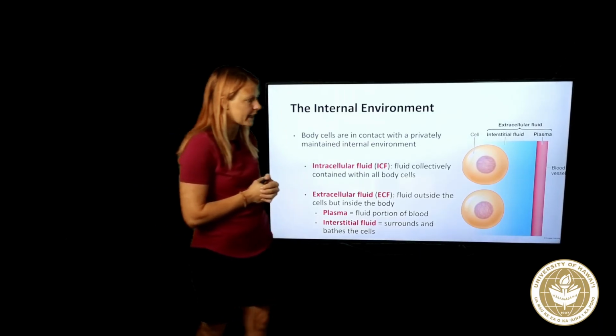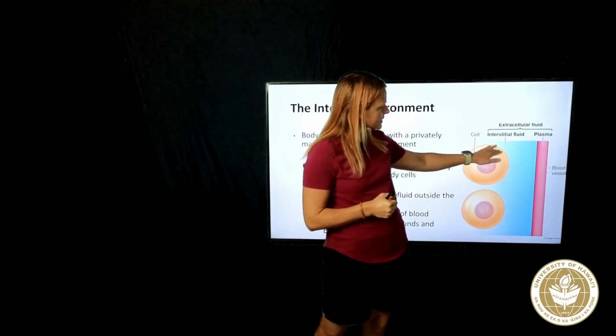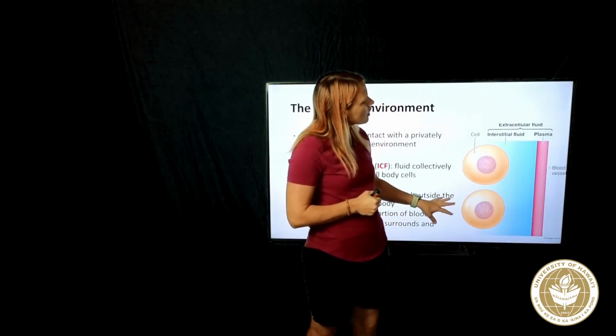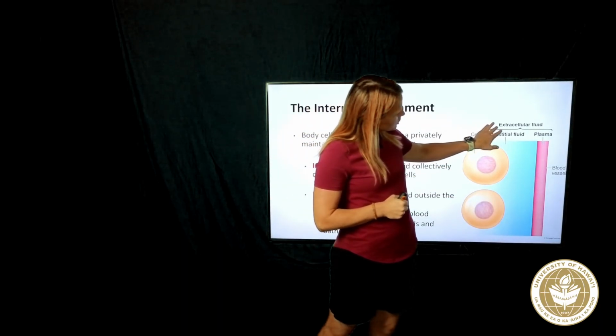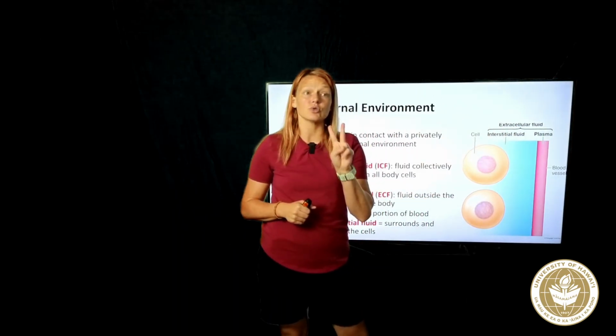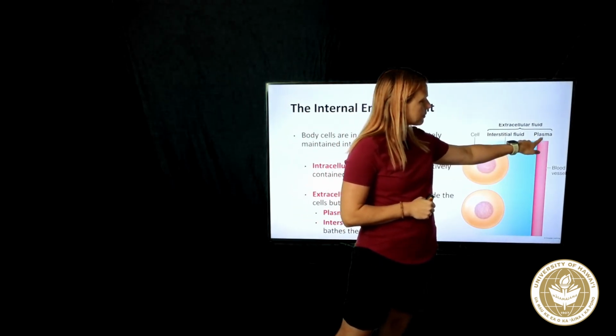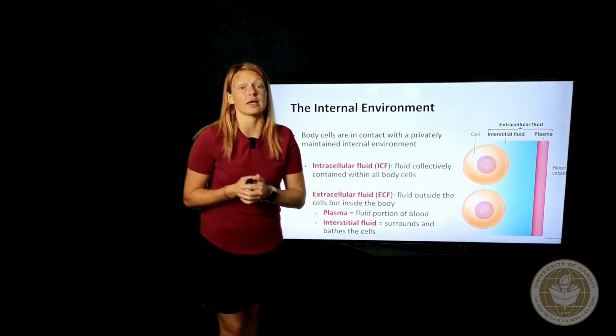So here's just kind of a picture to show you. So we have one of these cells in a multicellular organism. We have the extracellular fluid right here that again has two different components: the interstitial fluid and the plasma inside that blood vessel.